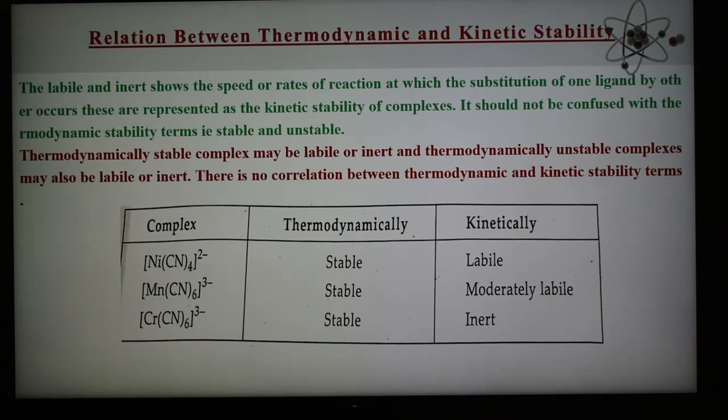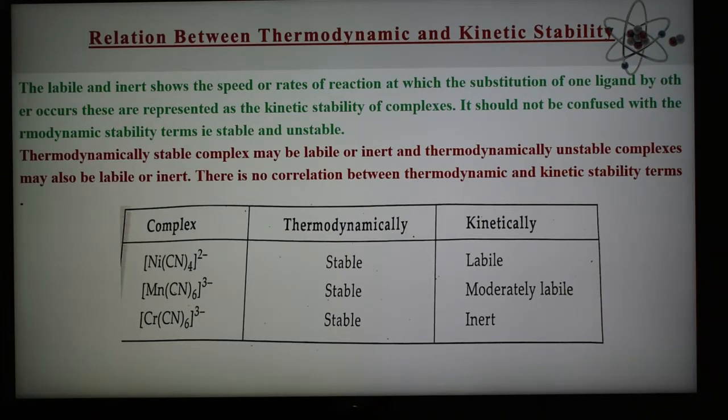It should not be confused with the thermodynamic stability term, that is, stable or unstable. Thermodynamically stable complexes may be labile or inert, and thermodynamically unstable complexes may also be labile or inert. There is no correlation between thermodynamic and kinetic stability.